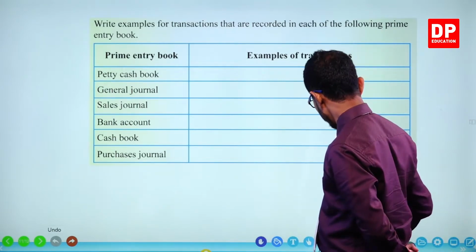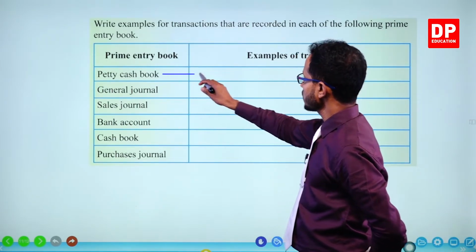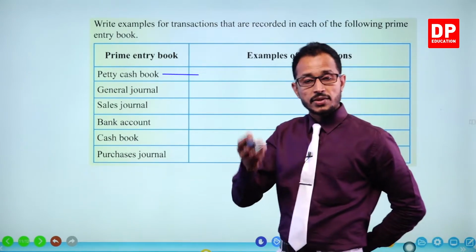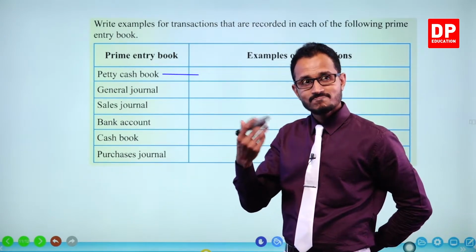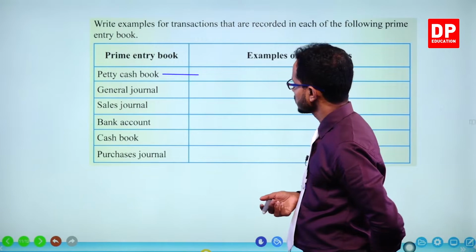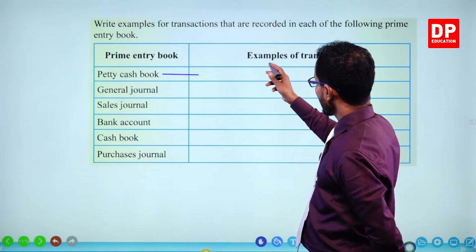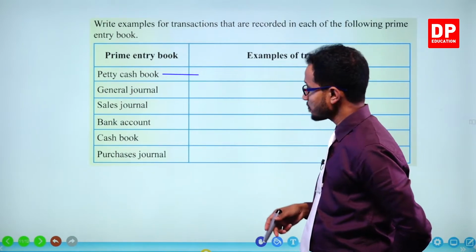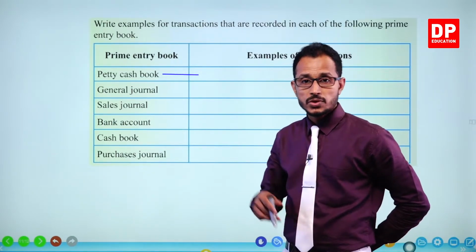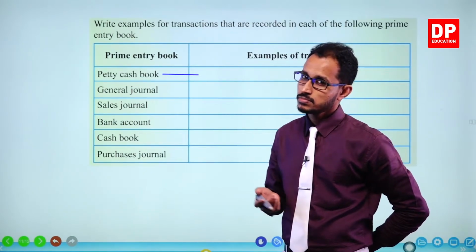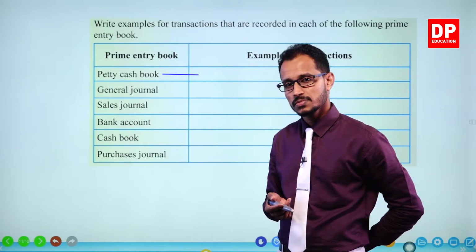Can you tell me whether you can imagine? Petty cash book. What transactions do you record? Whether you can remember. We talked about this.